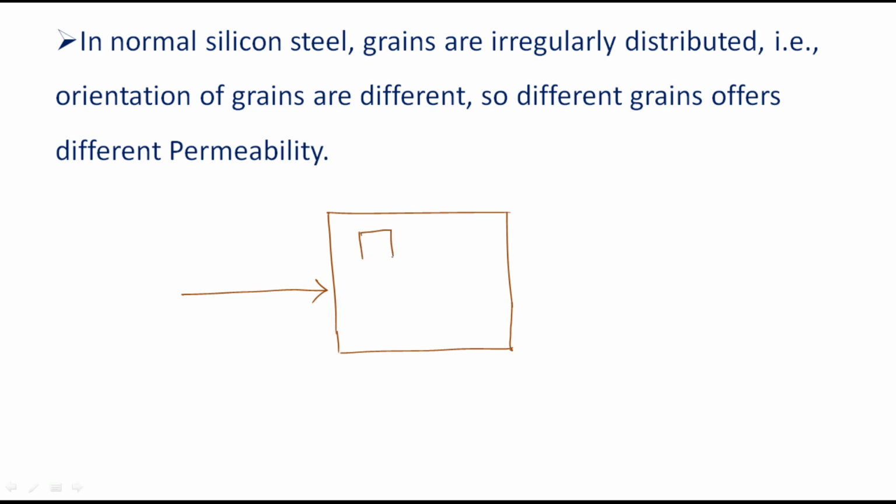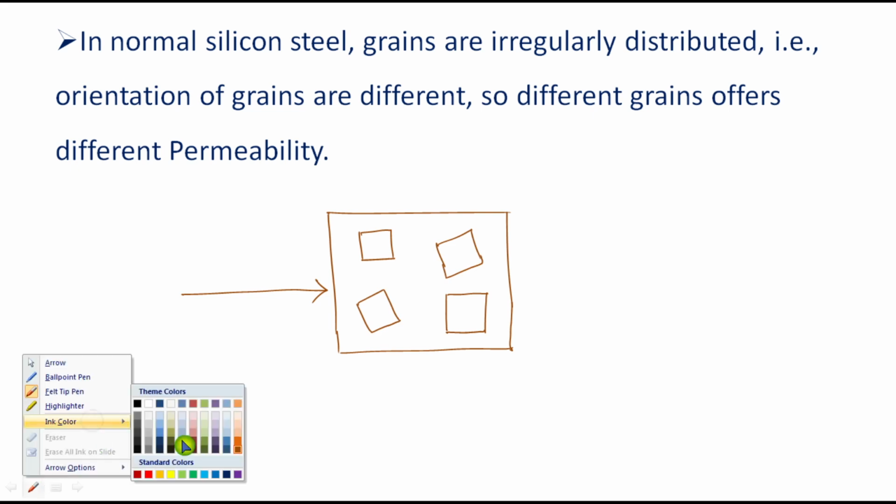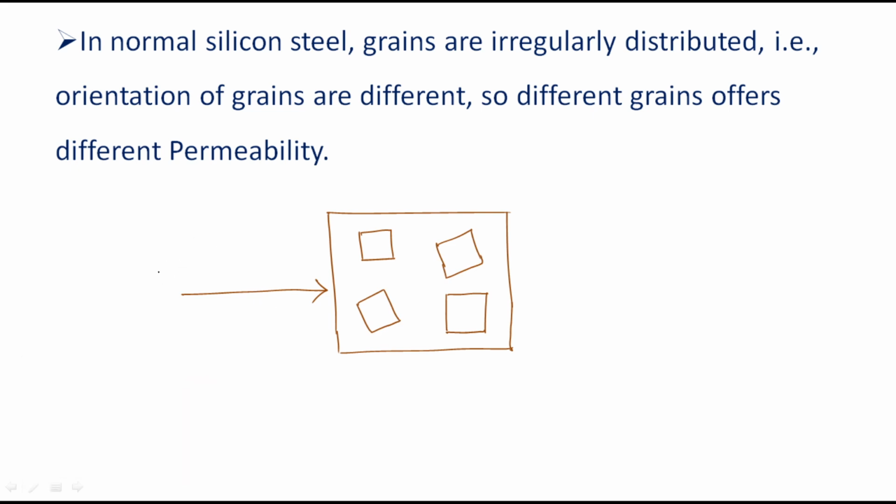So let us say along the cube edge, this is one of the cubes and this is the placement of another grain, and another grain. Along cube edges we are going to get the maximum permeability. Therefore this is high mu. Let us say this is grain 1, this is grain 2, this is grain 3, this is grain 4.